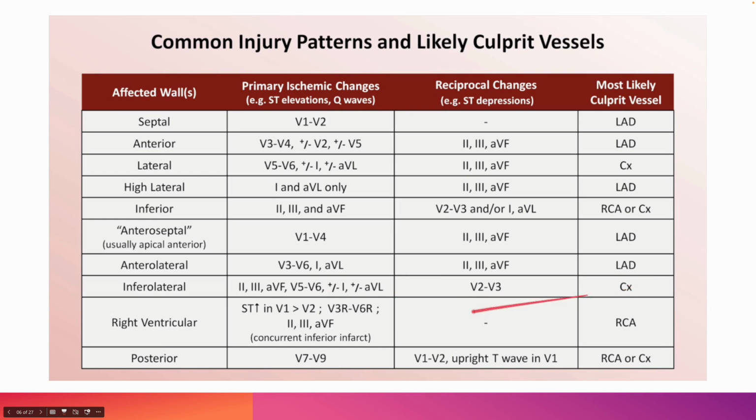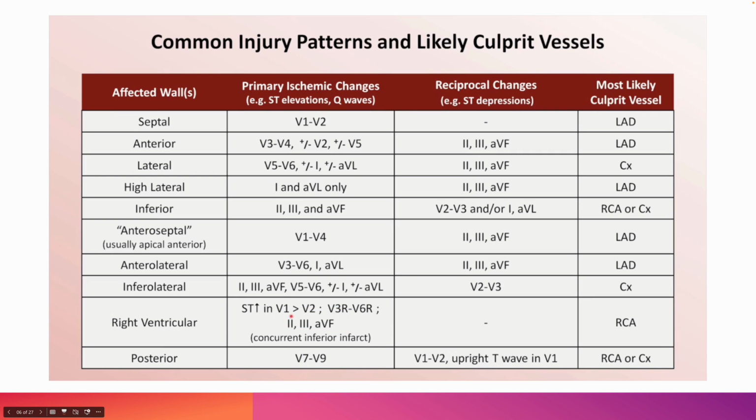Now in a right ventricular infarction, you would actually look at leads V1 and V2. You would find an ST elevation in those. And also you would find sometimes an extending infarction to the leads 2, 3, and AVF, which are the inferior leads.